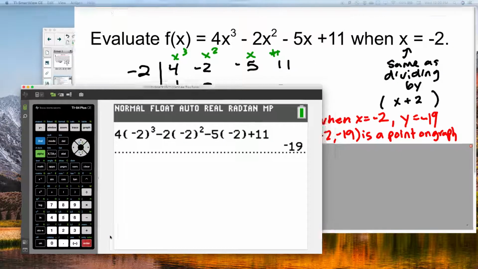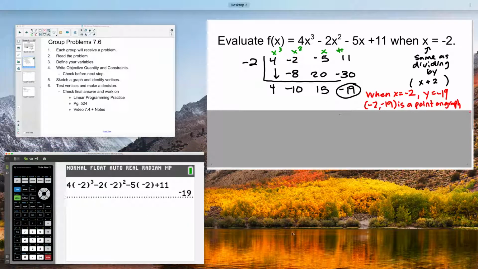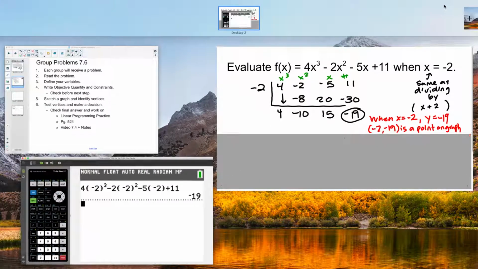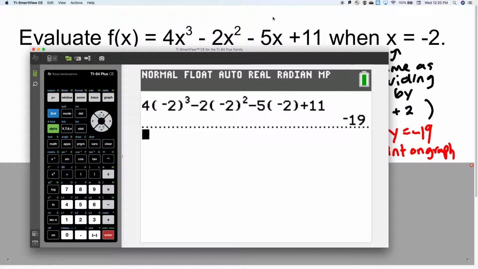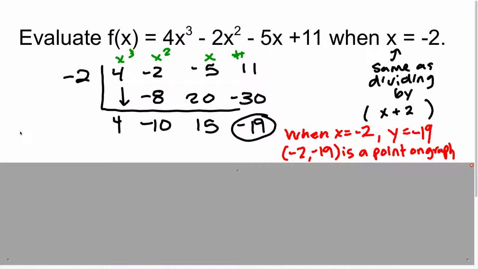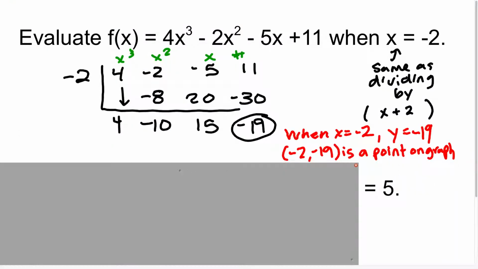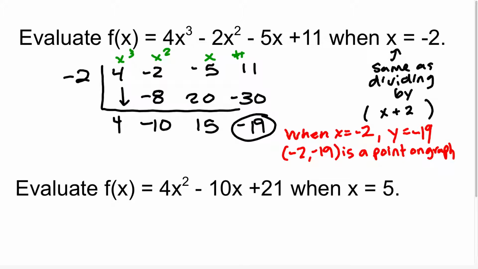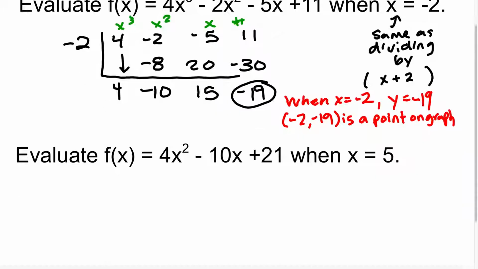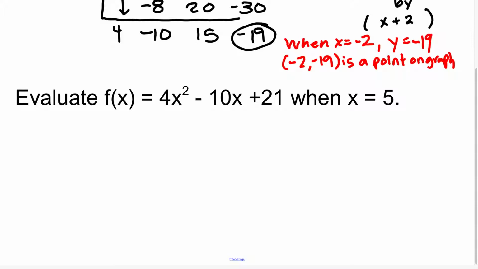Okay, can you try one and see if you can get to the correct answer? Try to get to the right side. See if you can do f of x equals 4x squared minus 10x plus 21 when x equals 5. And try it with synthetic.